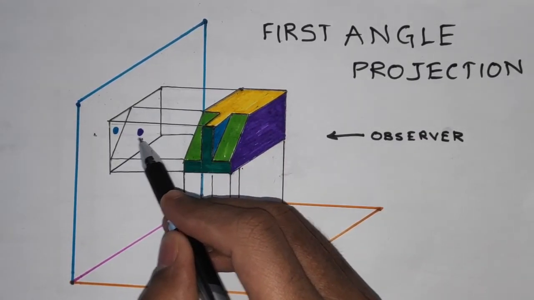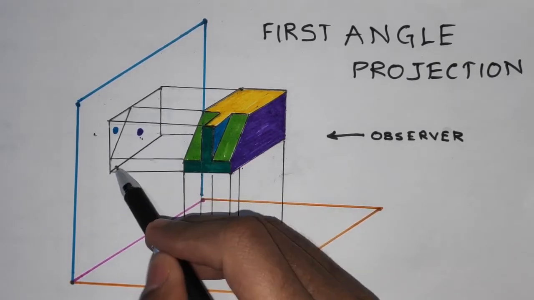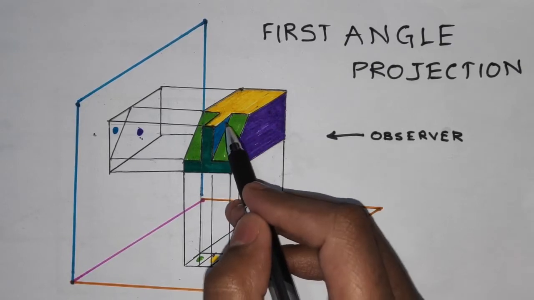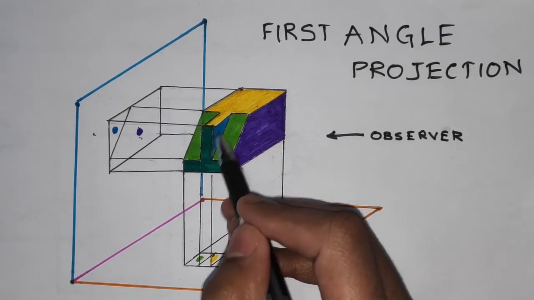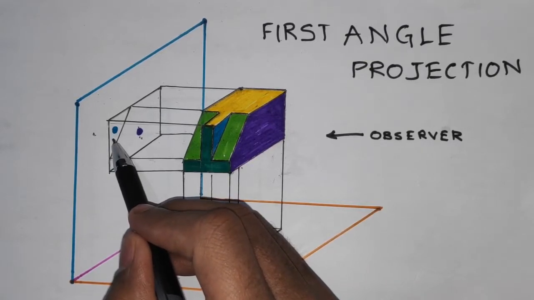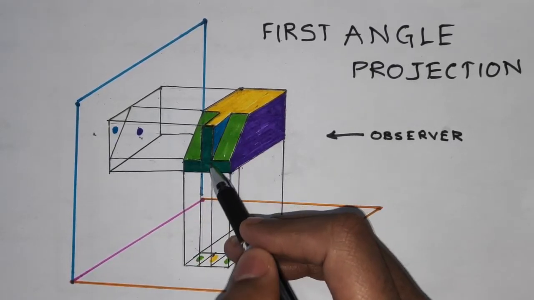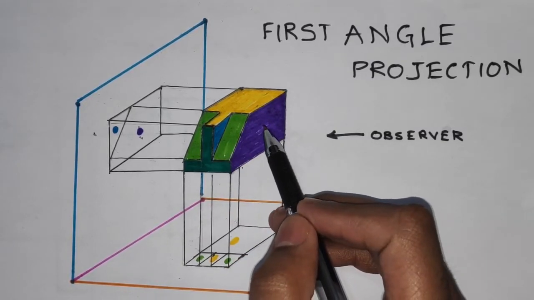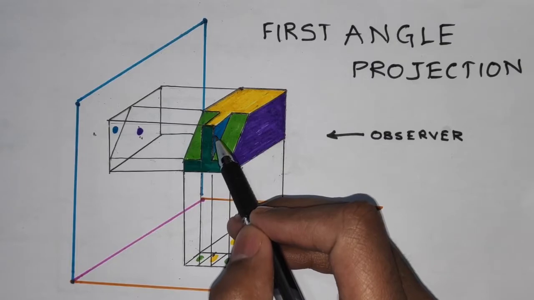I have shown with a small purple dot indicating that this face is the same purple face. Also, there is a small blue triangular face which also gets projected here. I have marked with a small blue dot here indicating it is that blue triangular face. So in the front view, we see this purple face and the blue face.